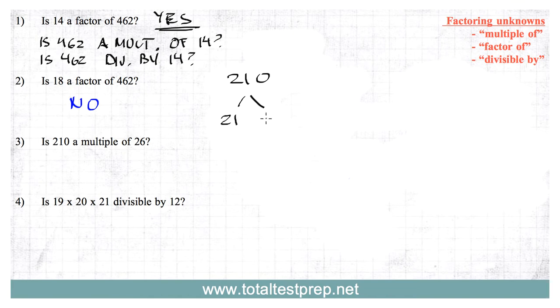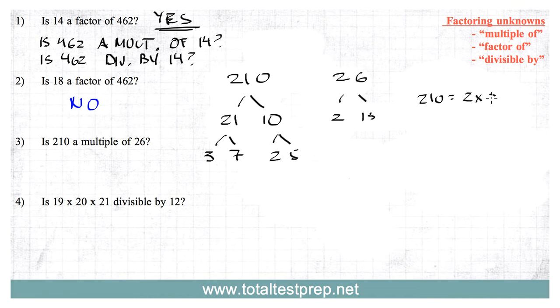This is 210, and this is 21, and this is 10. This is 3 times 7, and this is 2 times 5. 26 is 2 times 13. And so 210 equals 2 times 3 times 5 times 7. 26 equals 2 times 13. It helps to write the primes in order because it's easier to compare that way.